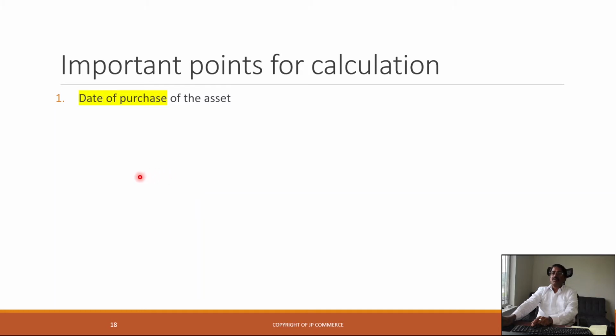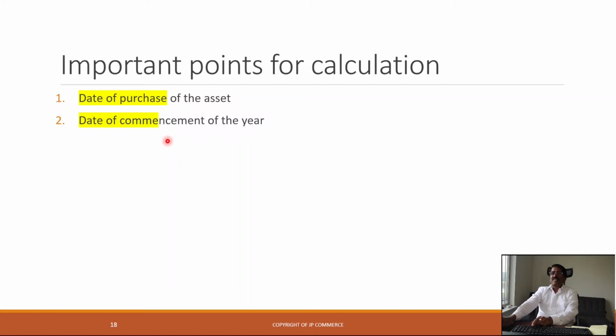As a student, you must remember on which date the asset was purchased. The purchase date is most important to calculate the depreciation. Secondly, the date of commencement: on which date the books of accounts commence, whether it is January 1st or April 1st. What is the financial year of the business?